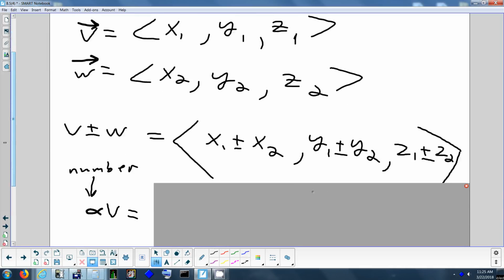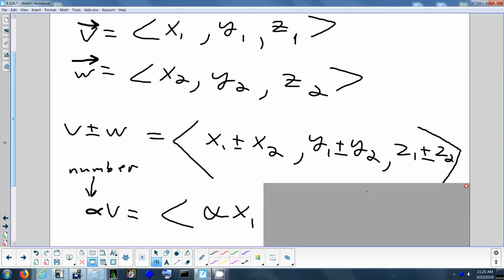Okay, the second one. Does anybody remember what we call alpha? It's a number, but what it does to the vector kind of tells you its name. Scaling. It scales it. So in 2D, if you wanted to scale the vector v, you multiply the x component by the scalar, multiply the y component by the scalar, and what am I going to have to do to make this 3D?